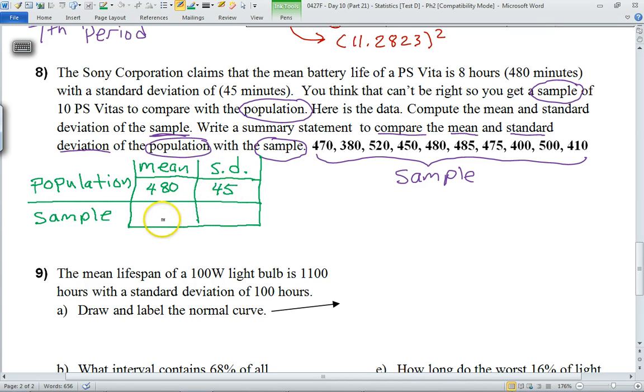Now, I just typed all this sample data into my calculator and did a second stat to find the mean and the standard deviation. So the mean of the sample turned out to be 457. That's a little bit lower than the population, so my sample is not getting as good a battery life as Sony claimed. But the standard deviation, now they're clearly saying the word sample, so please make sure you're using the S when you do this, not the sigma. So this is 46.02.